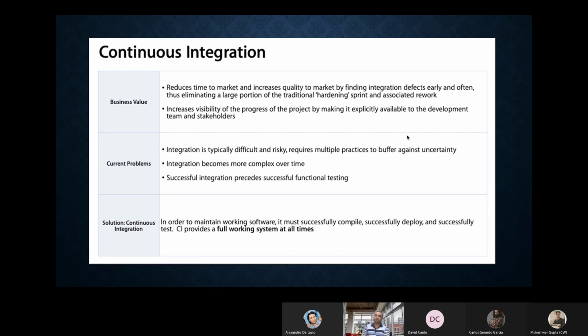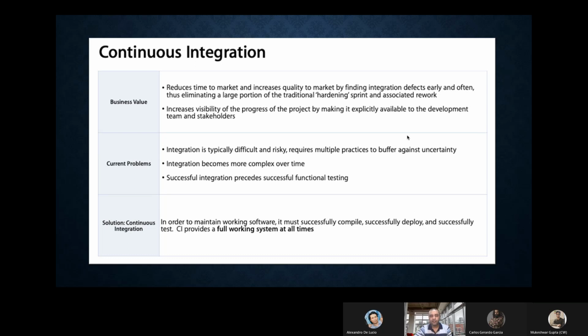The current problem without continuous integration is that integration is typically difficult and risky, and it requires multiple practices to buffer against uncertainty, because the moment you push 1 or 2 additional features, there is a high possibility of breaking something. So you will do system testing, integration testing, assembly testing.